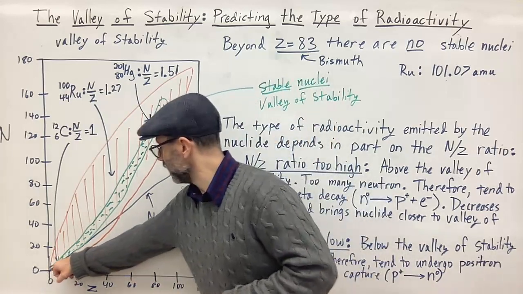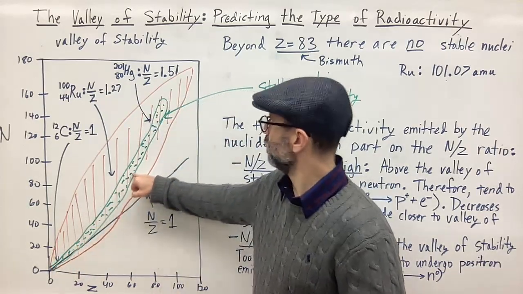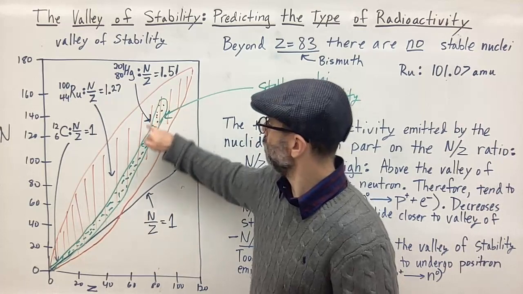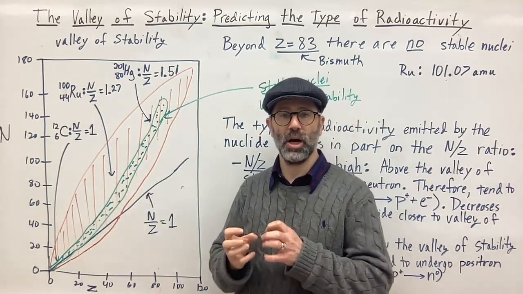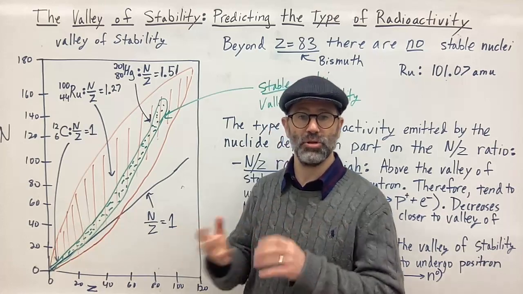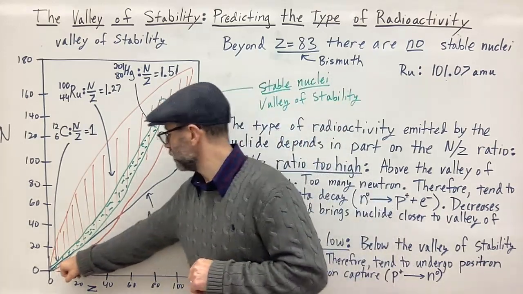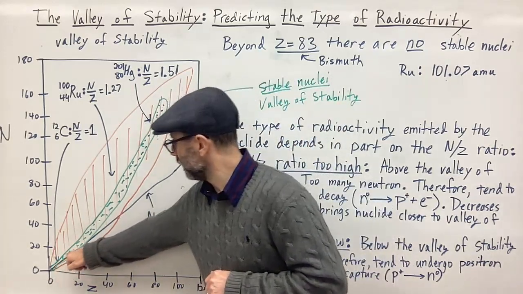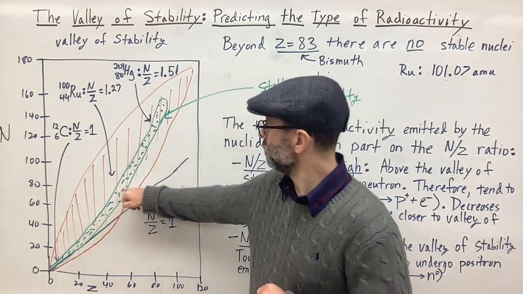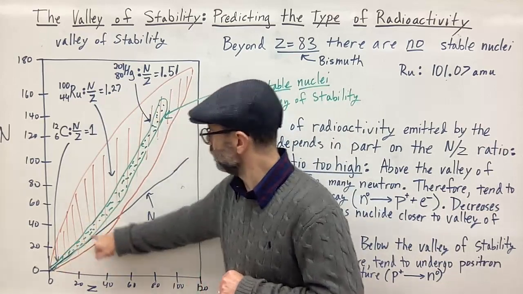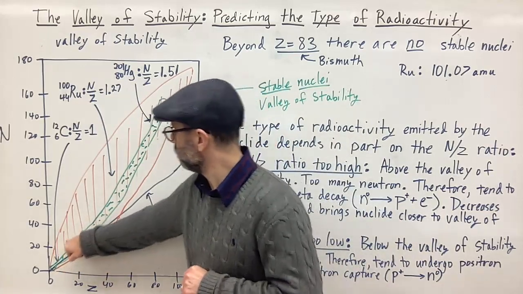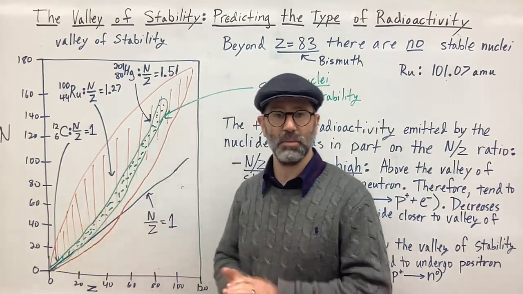Within this area would be the plot of those isotopes that have the right ratio of protons and neutrons that allow them to be stable. Anything outside the green would be isotopes that are not stable.